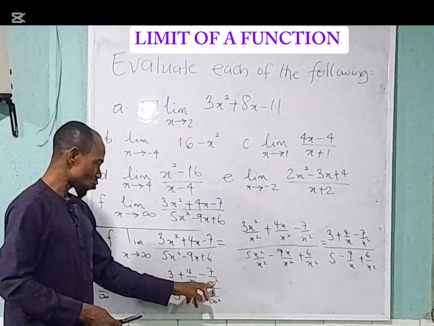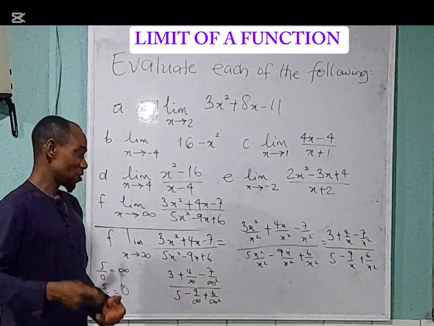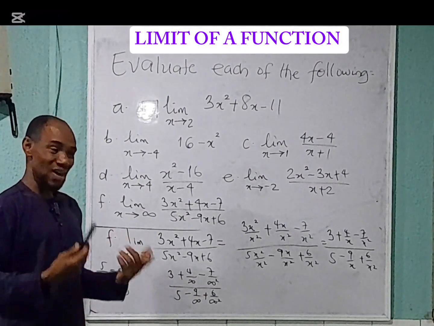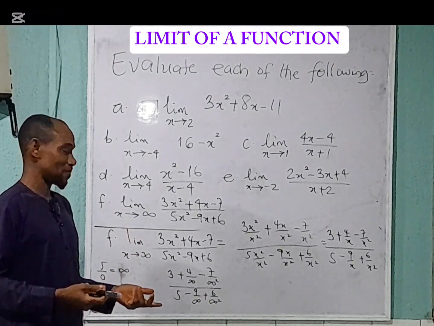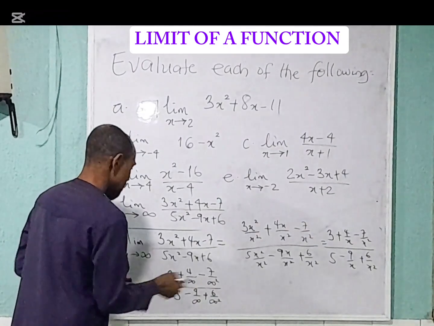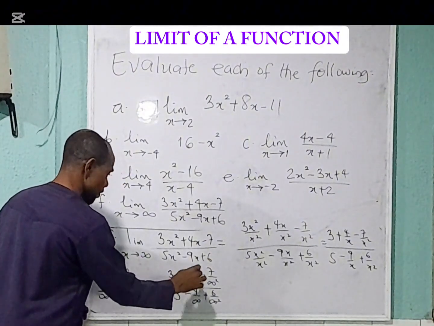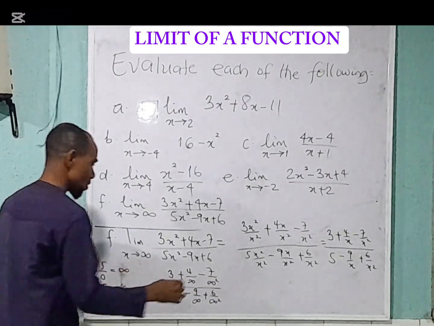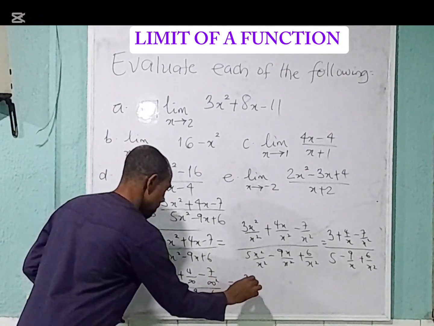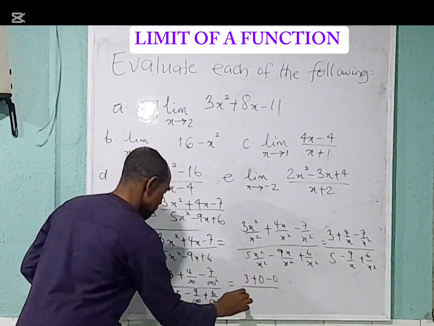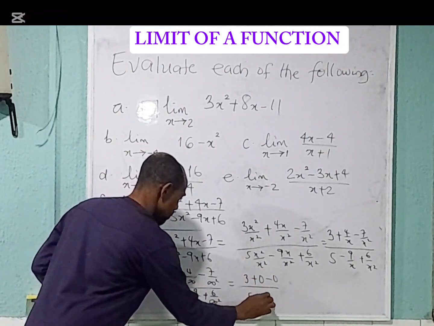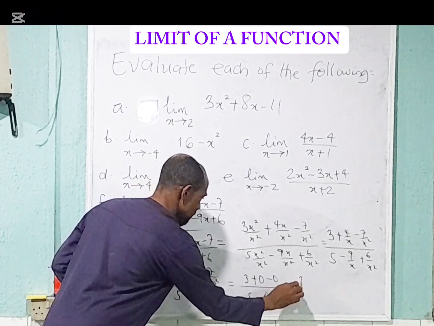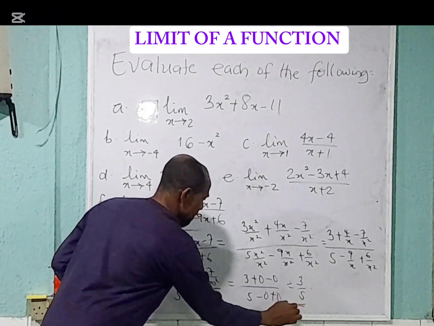So if you are squaring an extremely large number, you are going to get an equally extremely large number, which is still infinity. Essentially, 4 over infinity is 0, minus 7 over infinity squared is still 0. Hence, this becomes 3 plus 0 minus 0 over 5 minus 0 plus 0. Hence, the final answer is going to be 3 over 5.